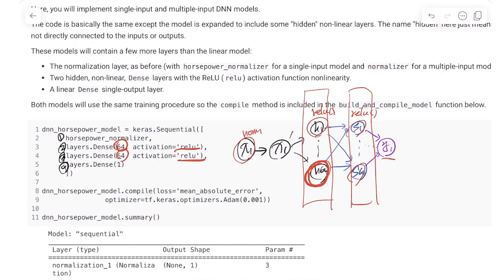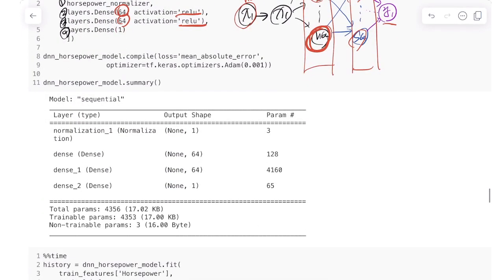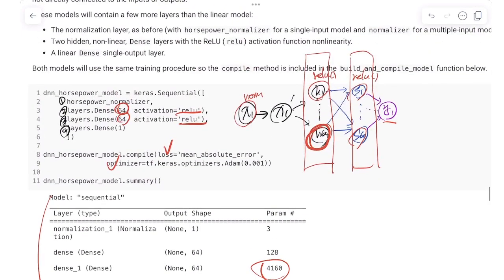So it is a more complex neural network. Again we have a loss function, we have an optimization function, and you can see that the total number of parameters right here is quite large because we have 64 neurons right here.